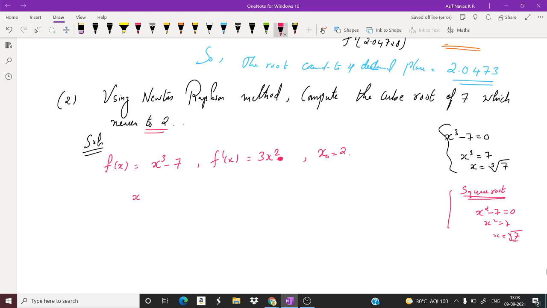So now x1 is equal to, by Newton-Raphson method, x naught minus f of x naught divided by f dash of x naught.